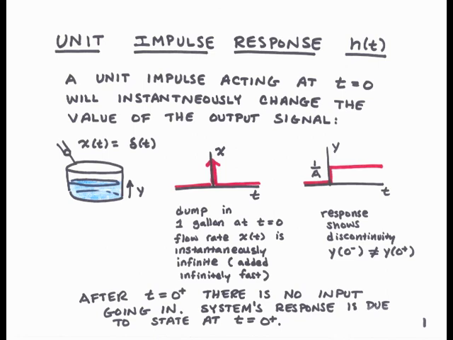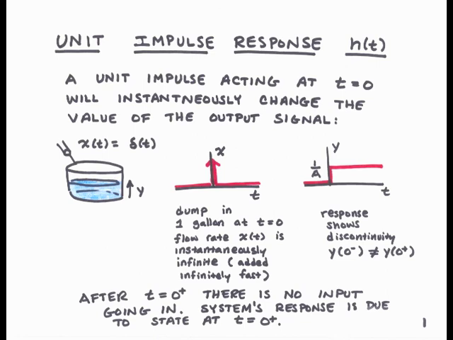A unit impulse acting at time 0 can instantaneously change the value of the output signal y. Consider our water bucket system. A unit impulse in the input is equivalent to dumping in a gallon of water in a split second. After all, what we're saying is we're putting in a finite volume in an infinitesimal amount of time.